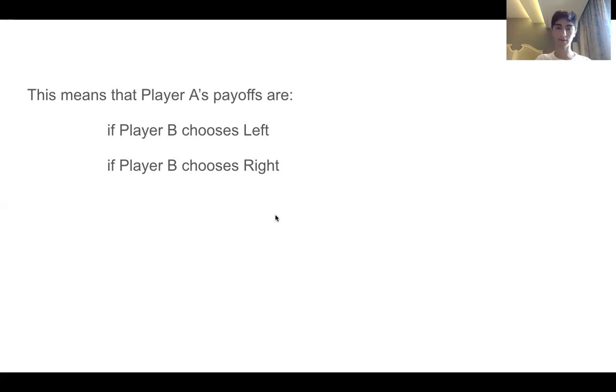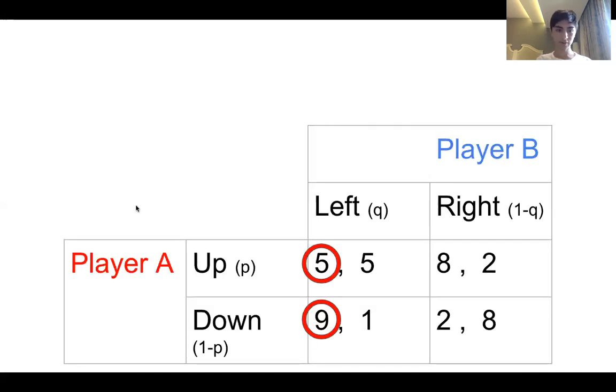Let's return to the game table. If player A goes up with probability P, they get 5 points. If player A goes down with probability 1 minus P, they get 9 points. So what is the expected value of player A if player B goes left?